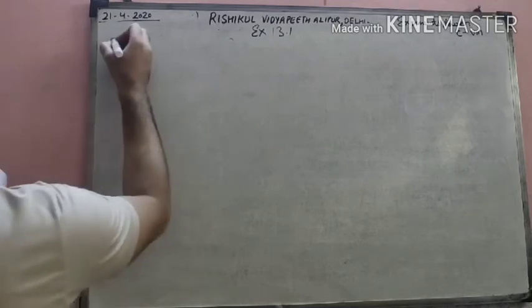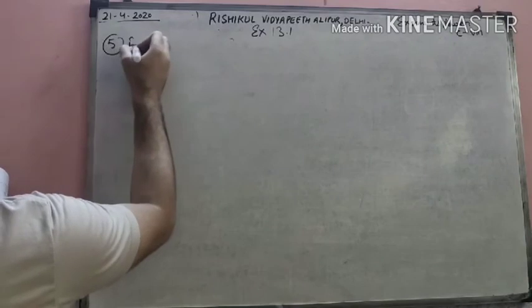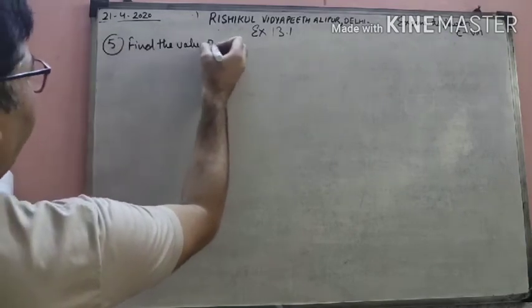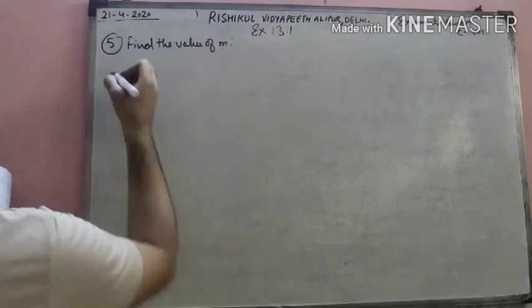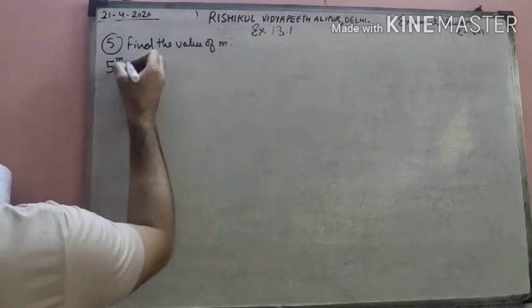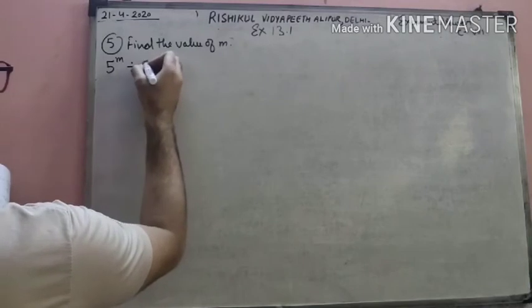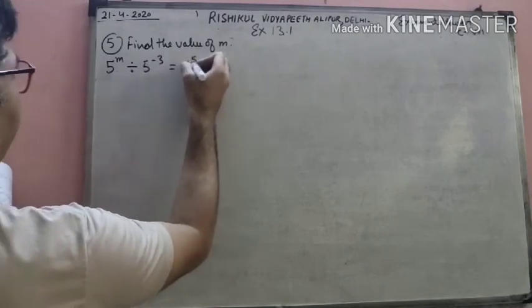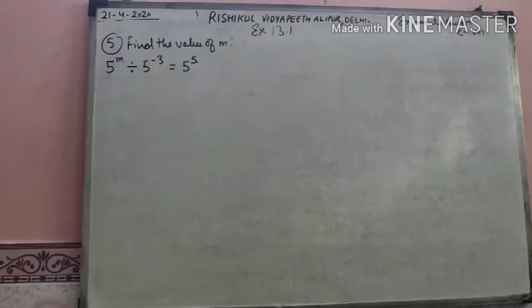The 5th question is, find the value of m. 5 raised to power m divided by 5 raised to power minus 3 is equal to 5 raised to power 5. How can we do it?